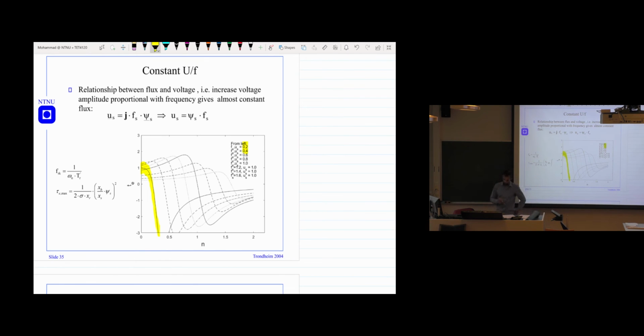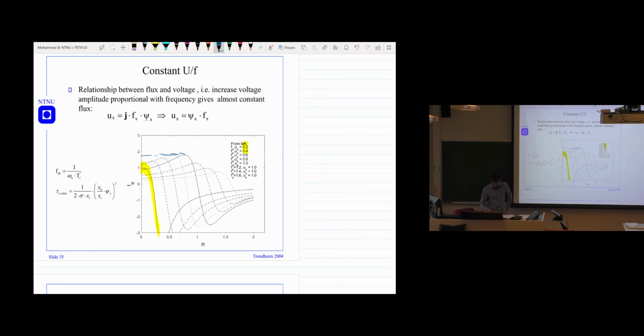According to the formula, it should be something like the same pull-out torque. But since we have the resistor drop, we are not getting the same for this one. When the ratio is 1, we are getting this curve. But when the stator flux is less than 1, we are getting it like this. It's a bit lower because of the drop in the resistor.